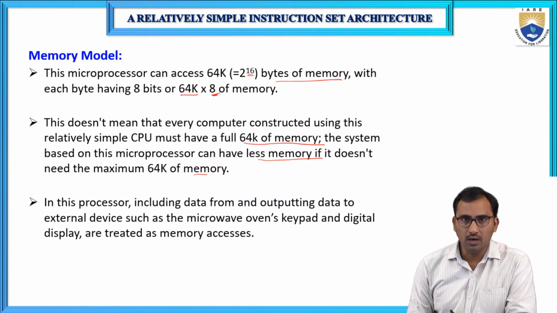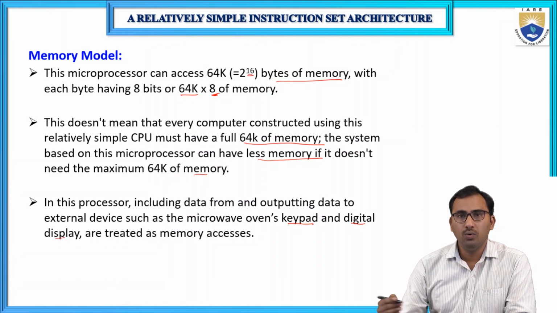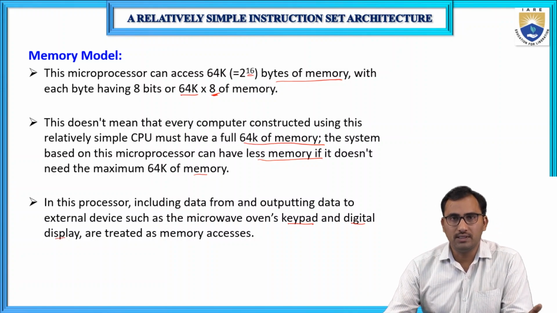This processor also handles inputting data from and outputting data to external devices, such as the oven's keypad and the digital display. These are the input and output devices related to the microwave oven.